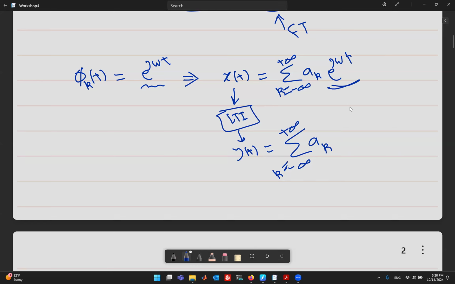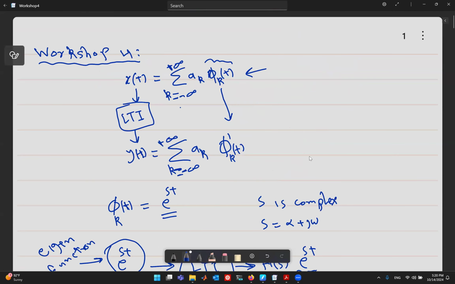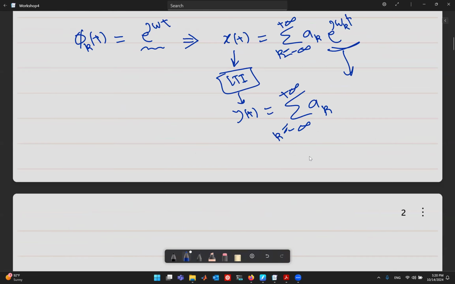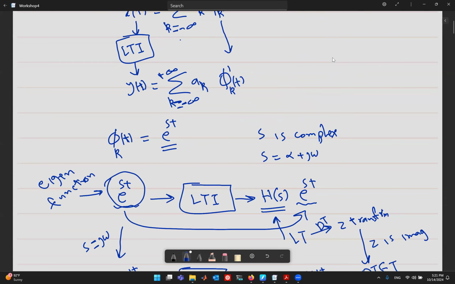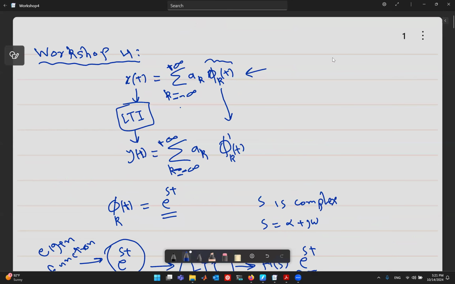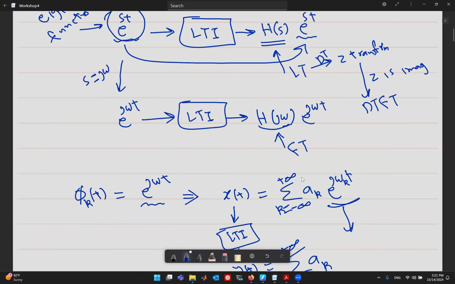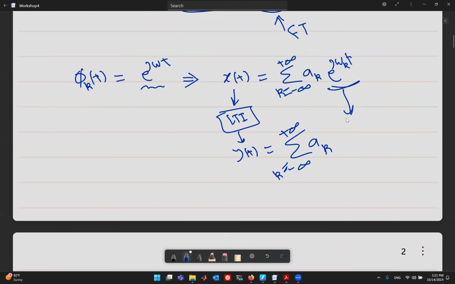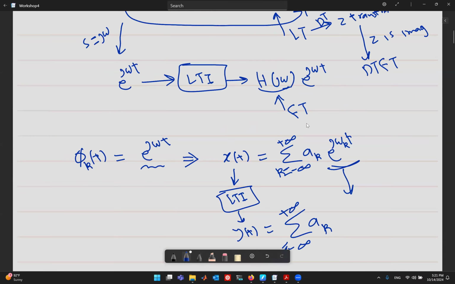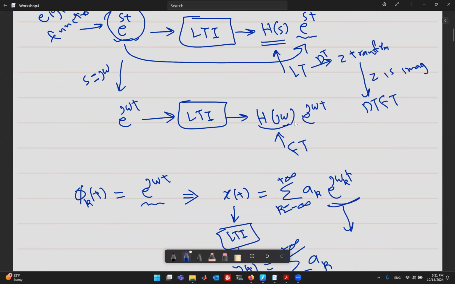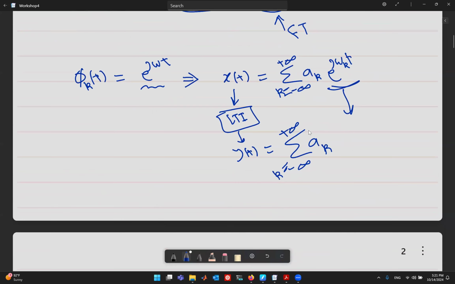The output for those signals will be some constant times the same signal, because they are eigenfunctions of the LTI system.